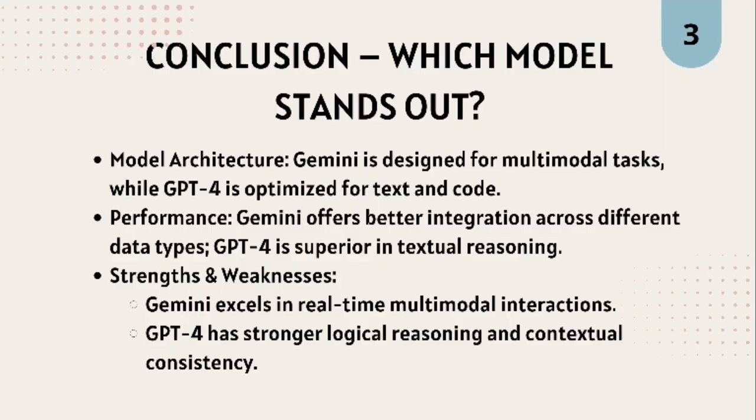Other models like Claude, Llama, and Mistral serve specific niches such as safety, open source flexibility, and efficiency, but they lack Gemini's all-round versatility. Gemini has great potential in AI advancements, particularly for applications that require real-time, integrated and multimodal AI interactions. While no model is perfect, Gemini stands out as a well-rounded AI for the future.